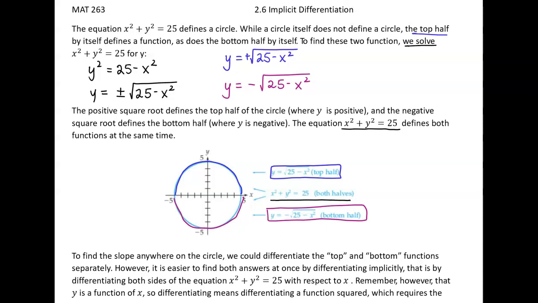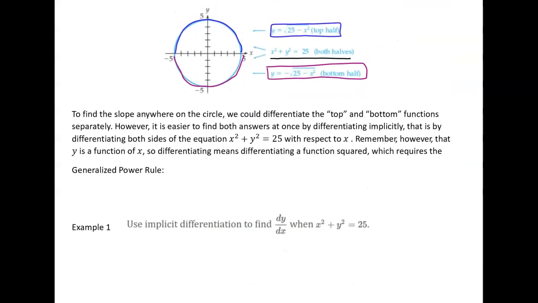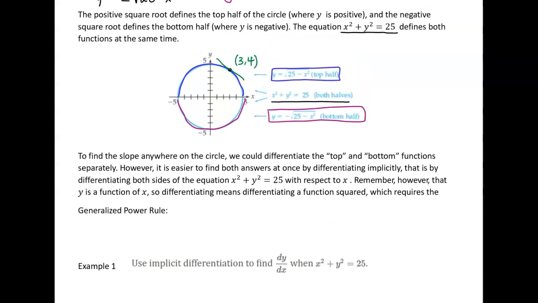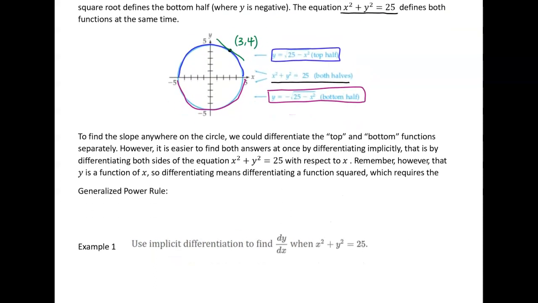Now, let's say I wanted to know the slope of the circle at some point. Let's say, for example, the point 3, 4, which is on that circle. If I wanted to know the slope at that point 3, 4, well, we know how to find that slope. We would take the derivative of the top half, because that point is on the top half, and then we would plug in x is equal to 3, and we would be able to solve for dy dx.